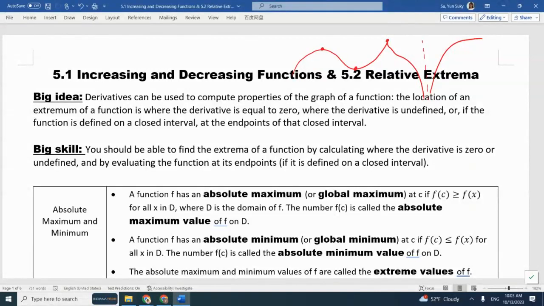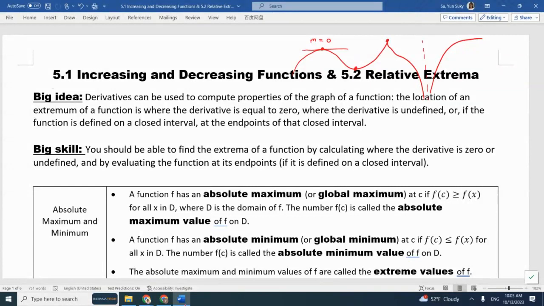Remember, the derivative is the slope of the tangent line, right? Look at this point. Do you see the tangent line is horizontal? That means the slope is 0, okay? And here, look at this point.